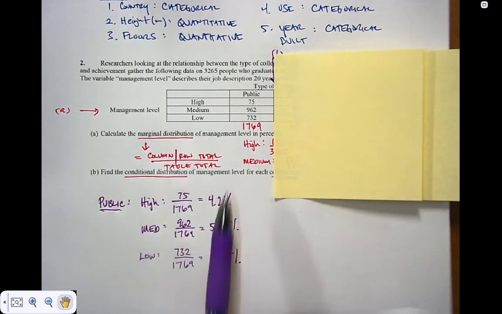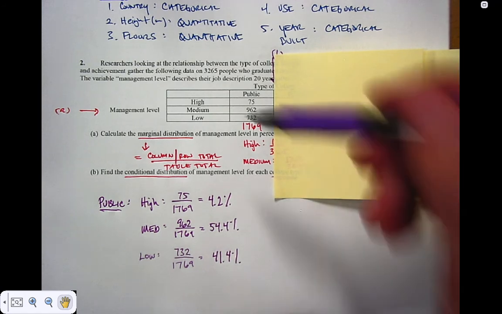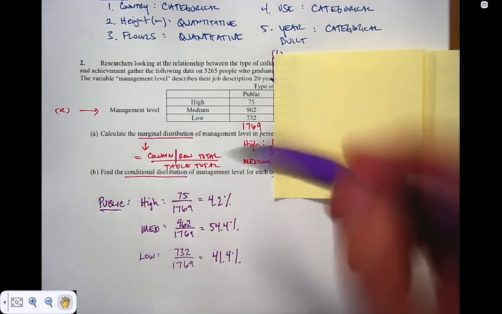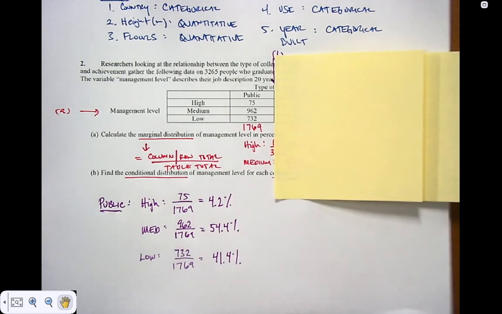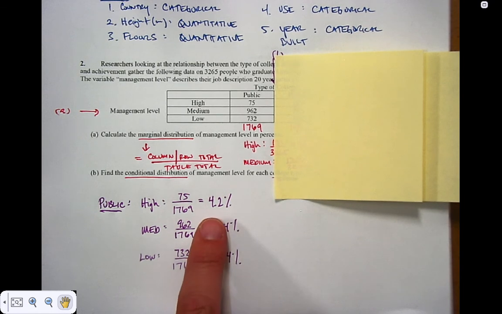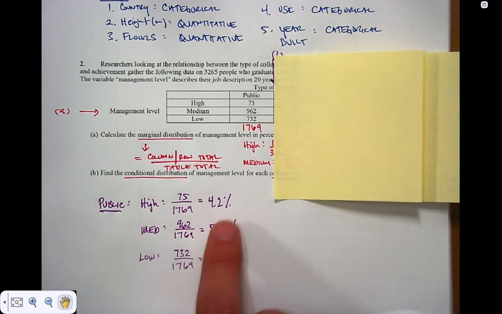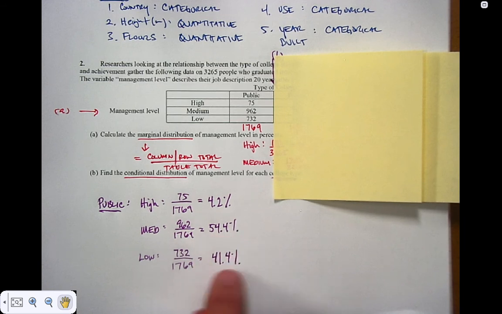Okay, so conditional distribution is only using a particular column or a particular row. The reason we're using this column is because they say for each college type. So think about what we just found, you guys. This is really helpful. It says, look, given you went to and graduated from public school, we now know only 4.2% have a high management level, with the majority having medium and low.